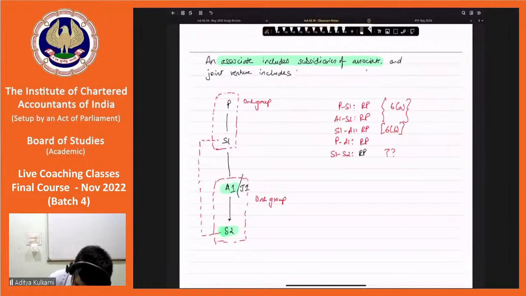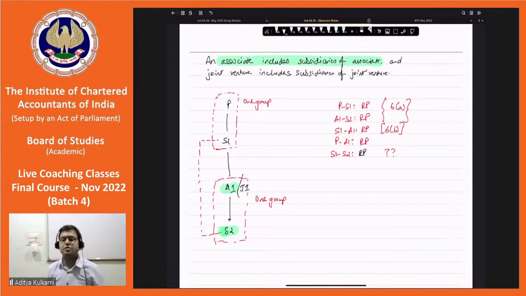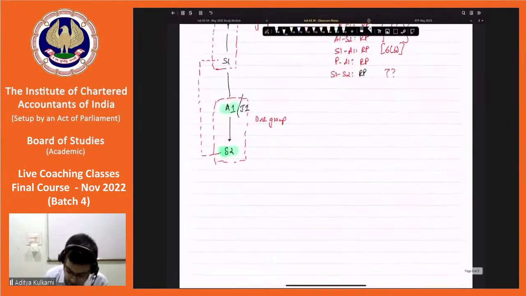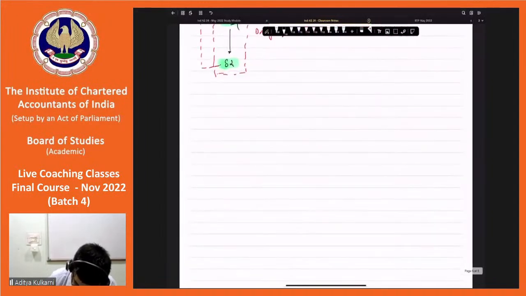I am sleepy. Includes subsidiaries of joint venture. Okay. So S2 is a subsidiary of J1. So joint venture includes subsidiaries of joint venture, and therefore S1 and S2 in both the cases will become related parties. Let us move on to the last case for this.